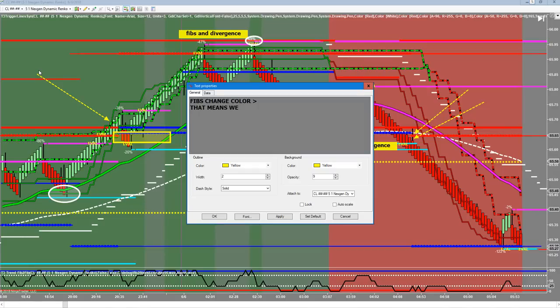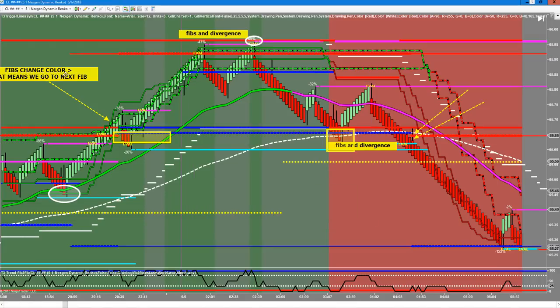How's this? When the fibs change color, it means that we normally go to the next fib. So it was resistance, and we wait, fibs change color, and then we go to the next red line. Is that easy? I think it's pretty easy.